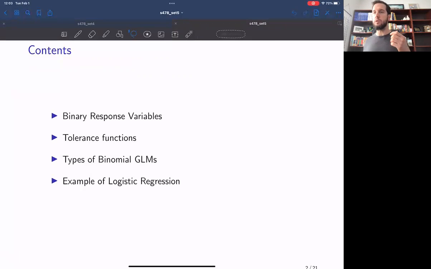This is a situation where the response variable is a binomial random variable, so a count of the number of successes or outcomes over a certain sample size. Then we will discuss evaluation of the model, interpretation, and inference based off the fitted model, given the model fitting criteria that we built up in lecture set 3.